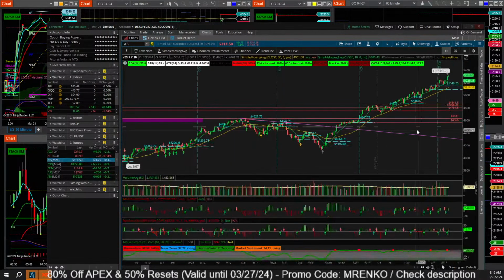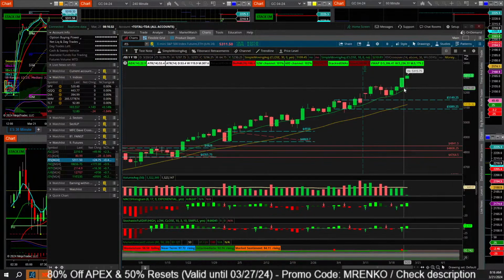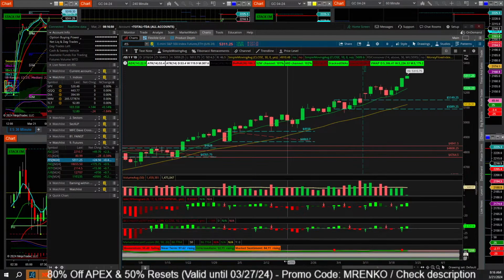ES, huge big move yesterday after the Fed meeting and the announcement maintaining the interest rate. Which was expected, but the market reacted to the upside anyway.